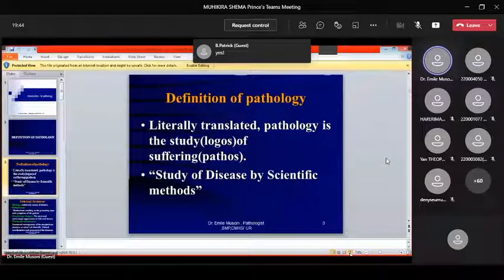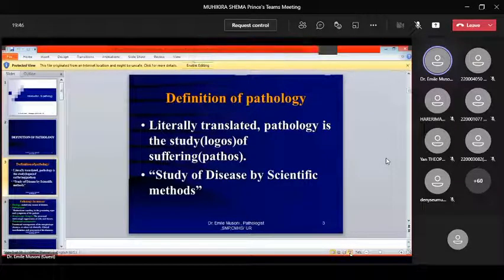So, literally, pathology means study of the disease. It means that in pathology, we'll see all disease of human body.